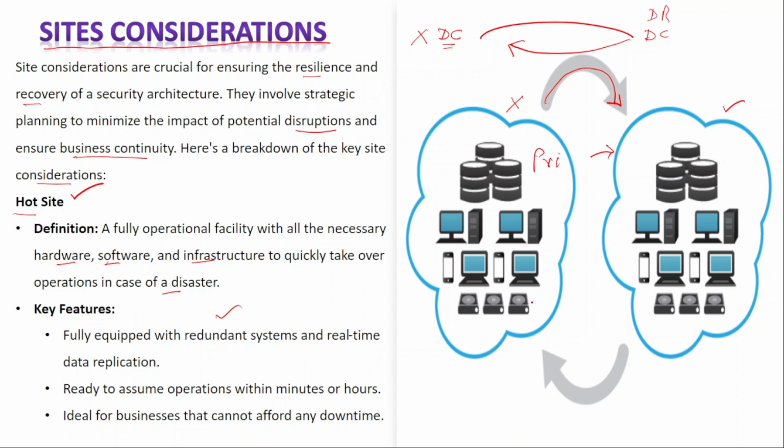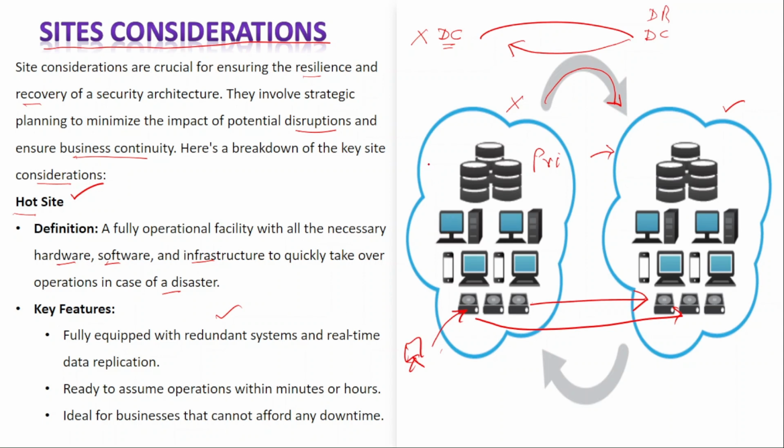So the data over here from the databases is replicated in real time over here. For example, if a user saves something or writes something through the data storage, it is replicated in real time over here as well.